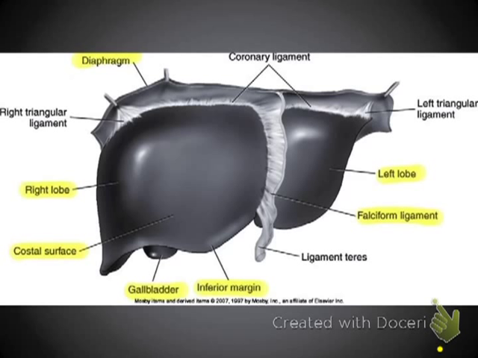We see that we have the falciform ligament running here, separating the right from the left lobes. We do see that we have the gallbladder fossa here, and that's pretty much all we need to know from this.